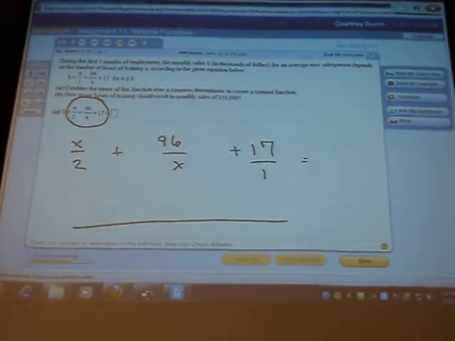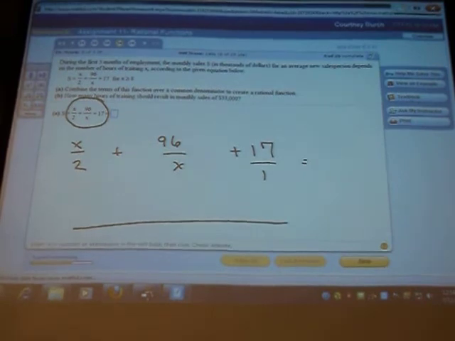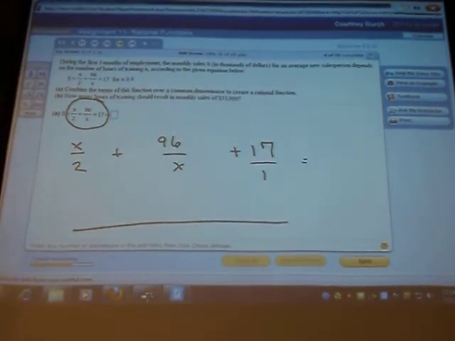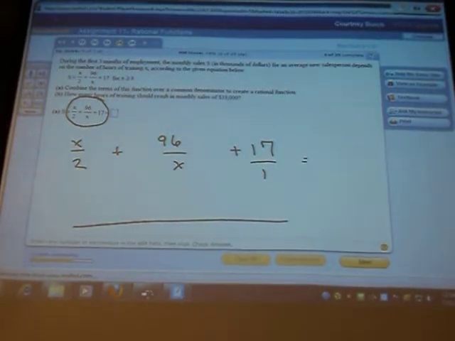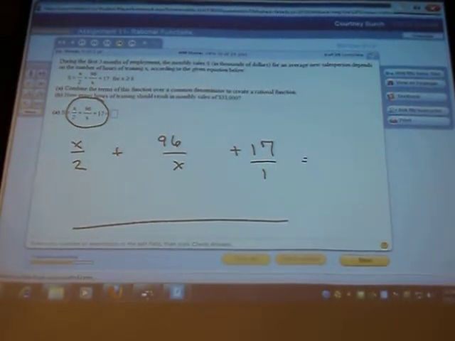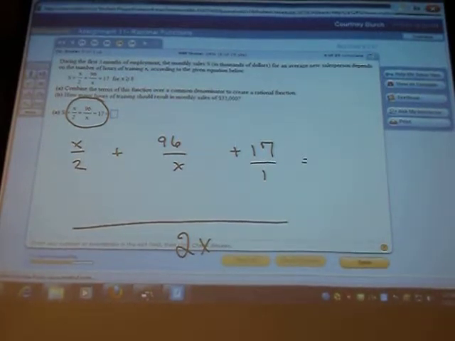Because when you find common denominators, you want to think of multiplying all the denominators together: 2 times x times 1. The common denominator would just be 2x. So I'm going to have something over 2x.